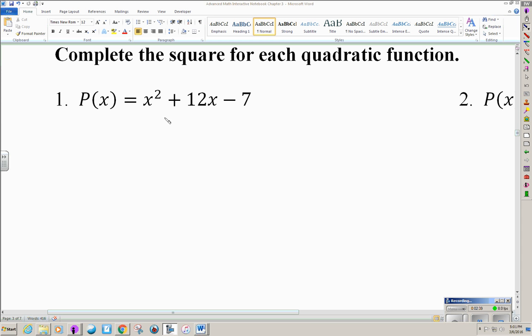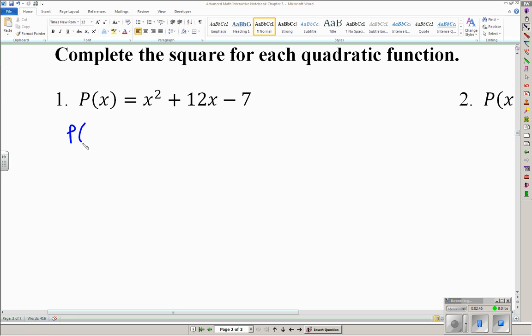Now, since there is no a here other than 1, let's go ahead and rewrite this with blanks. So p of x equals, I'm going to put a parentheses, and I'm going to keep the x terms together. X squared plus 12x, and then I'm going to put plus blank.